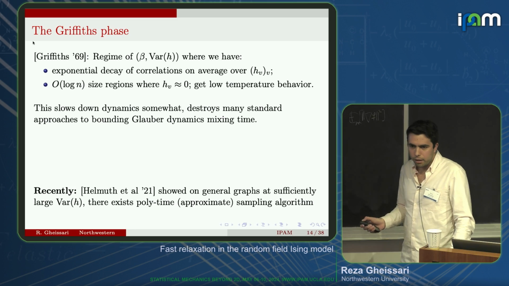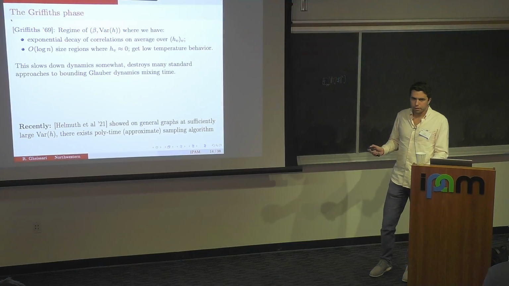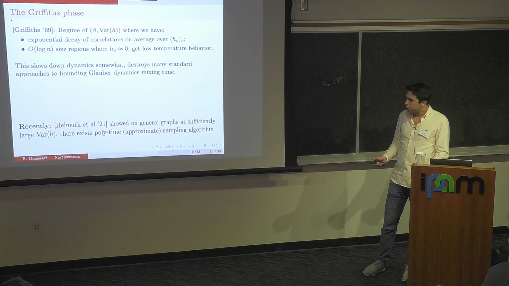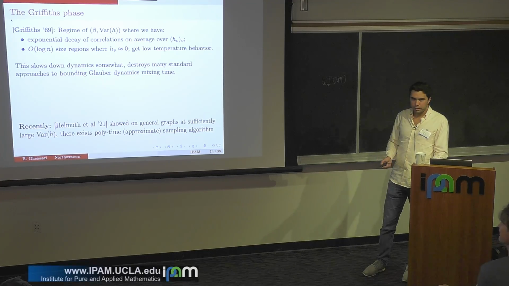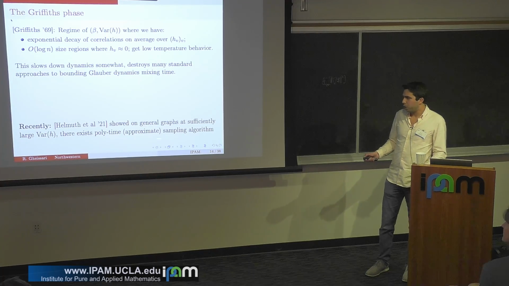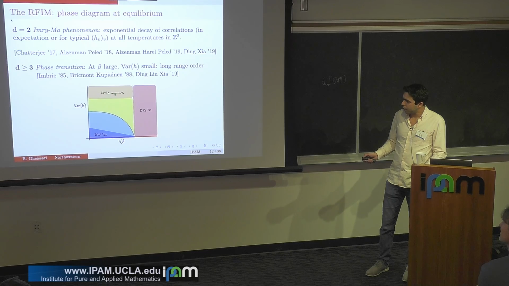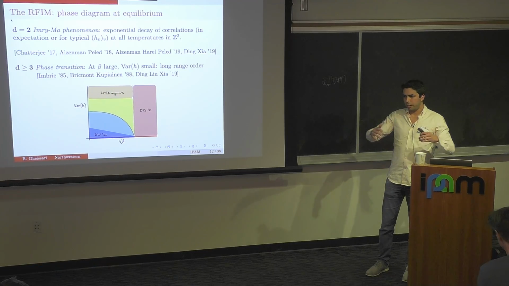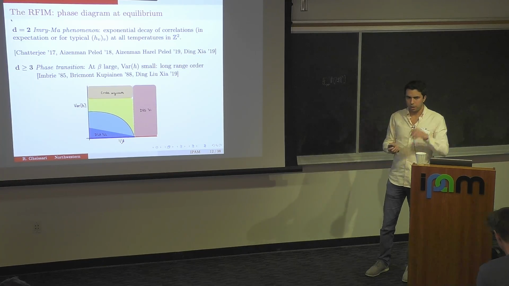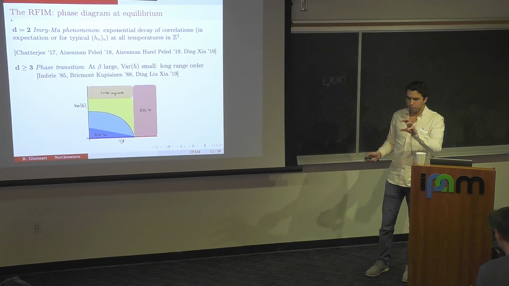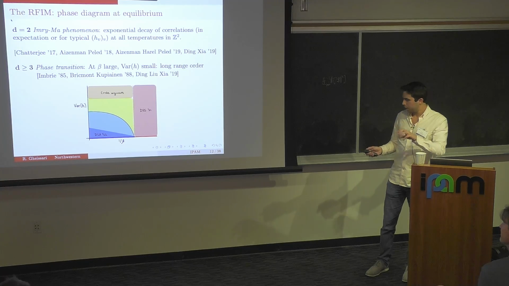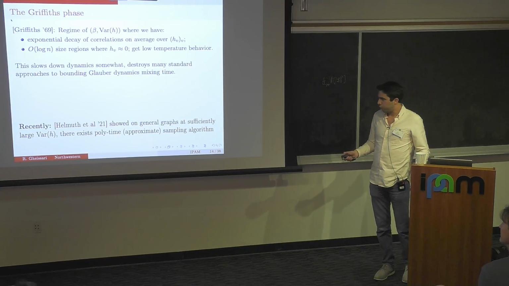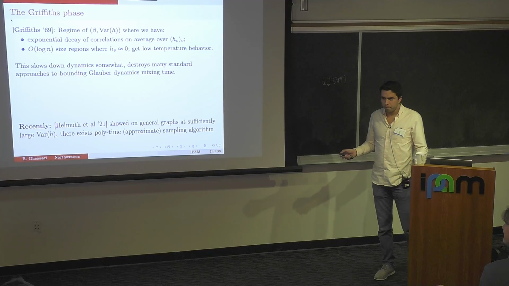So in a recent work, Tyler and several co-authors showed that on general graphs, as long as the variance is sufficiently large compared to the temperature, there's a polynomial time approximate sampling algorithm. So in this crude arguments regime, where the decay of correlations globally follows from these strong bonds, but you can have local regions of strong correlation, they show a polynomial time sampling algorithm.